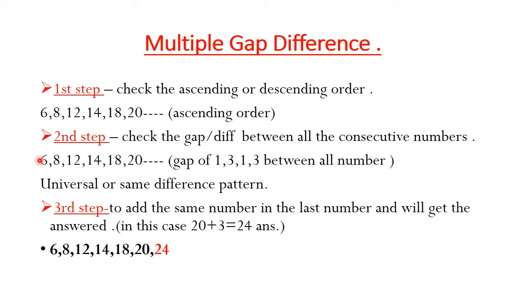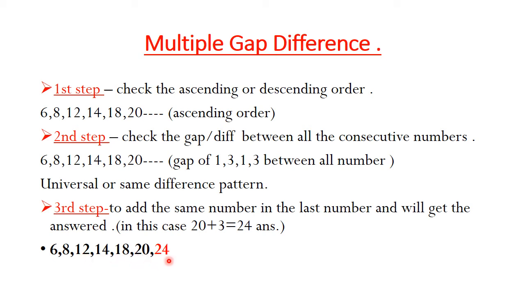If we check the difference between 6 and 8, it comes to 2. The difference between 8 and 12 is 4. Again 2, again 4, again 2, again 4. It means we are going to add 4 to the last number, that is 20 plus 4 is equal to 24. So we get the series answer 6, 8, 12, 14, 18, 20, 24.